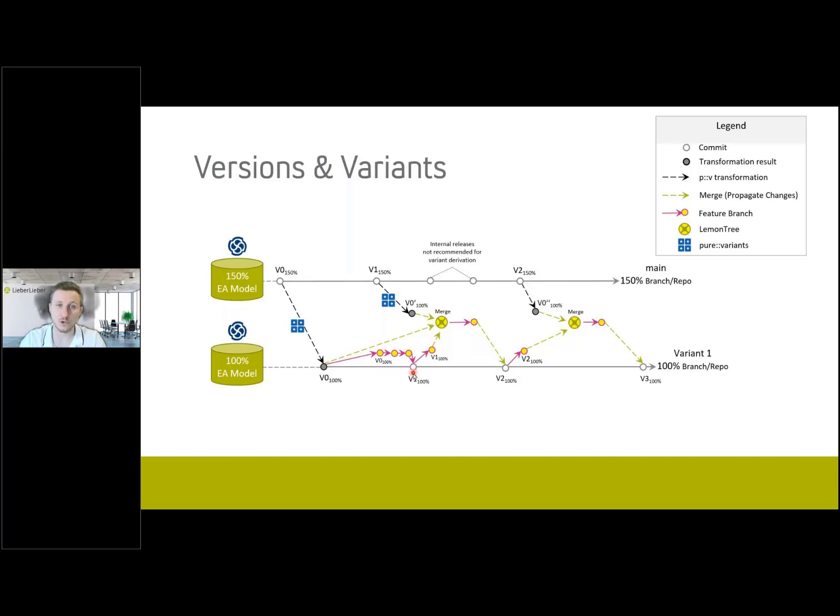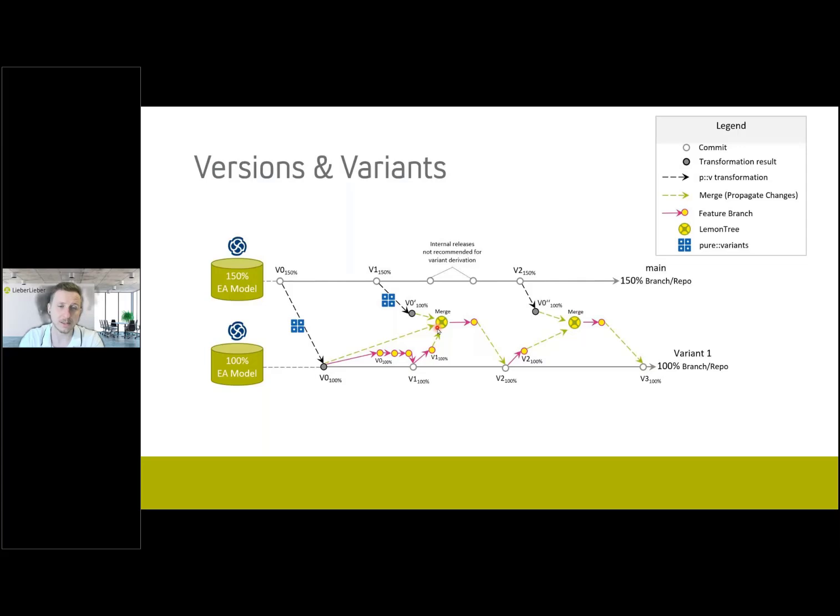And once there is a new transformation result, so an update coming from the common platform, I also create a dedicated branch, which I would call an integration branch, for example, that uses the transformation result and the current version from the variant, and then Lemon Tree is doing a merge with the help of Git to combine the changes. So the updates from the common platform and the changes that have happened in the meantime.